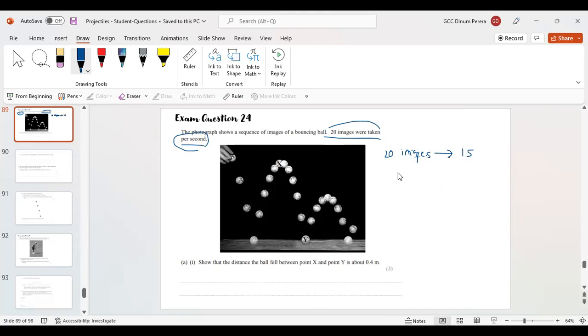So what will be the time gap between two images? That would be 1 second divided by 20. So between each two images, the time would be 1/20 seconds. Something you need to figure out first of all.